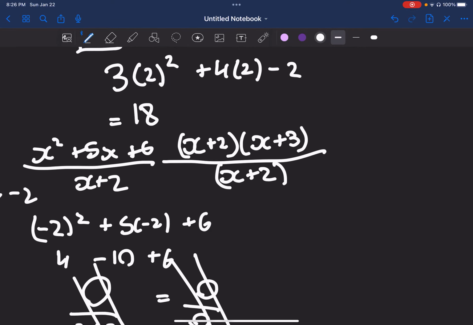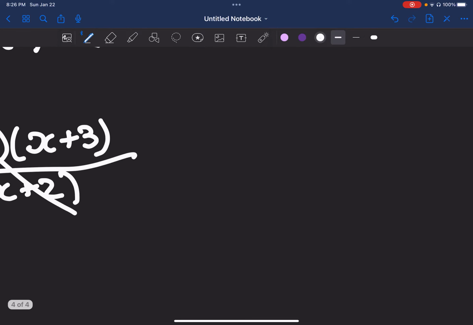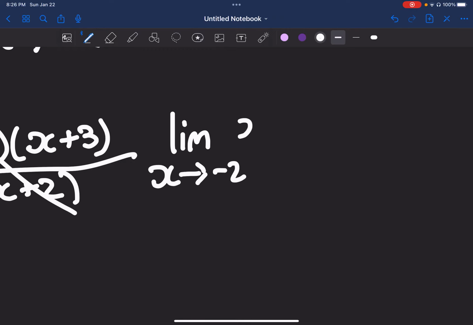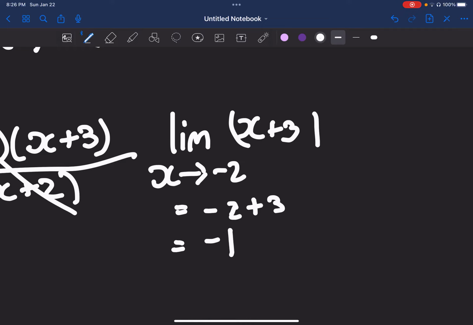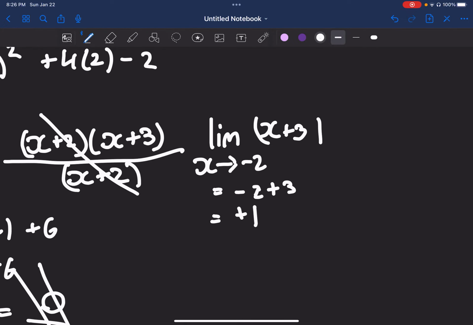Now we can just cancel these two out, leaving us with the limit as x tends to negative 2 of x plus 3. And now we can use direct substitution. So it'll be minus 2 plus 3, which is equal to minus 1. Sorry, to positive 1. So that is the factorizing method.